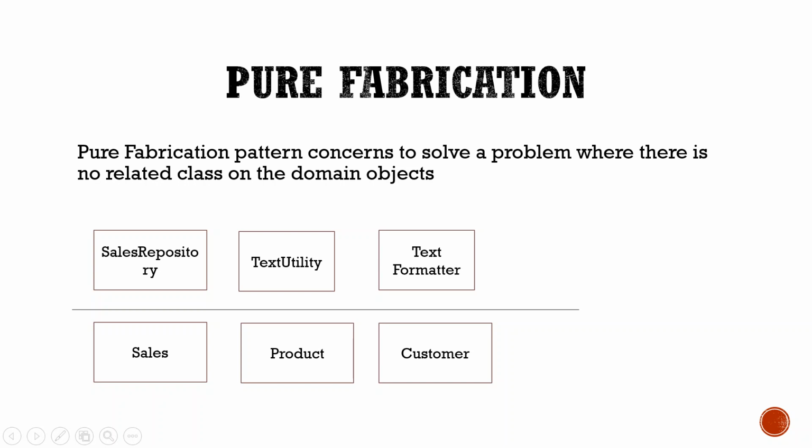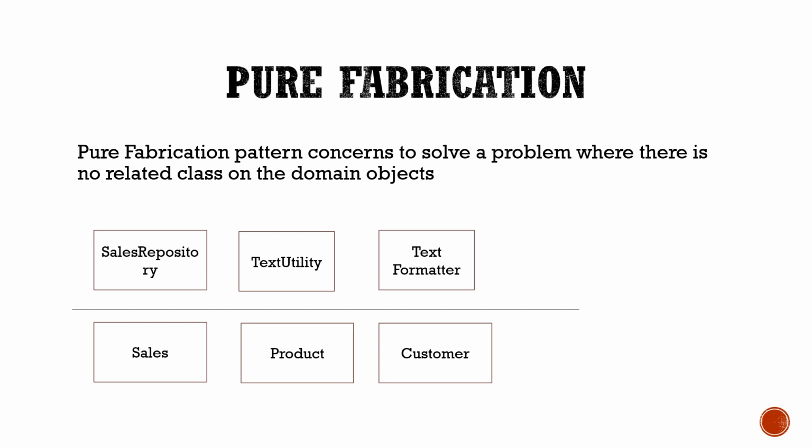Next one is pure fabrication. We have talked about the domain objects previously. They are representations of real life objects, and they inspire the domain layer of software classes. You can see at the bottom there are classes which are inspired by the objects from the domain.